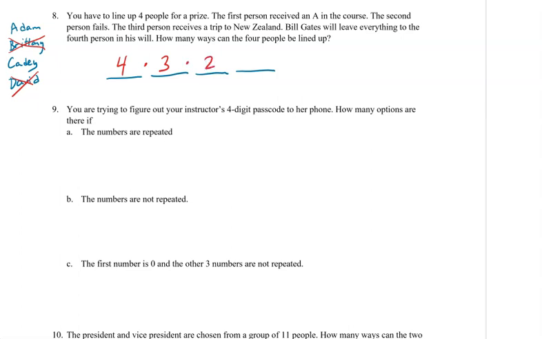Now there's only 2 people left. You can only pick between Adam and Katie. Let's say that Adam got picked for the trip to New Zealand. So for our final spot, we actually don't have a choice. Katie automatically wins it because she's the only one that's left that we haven't picked. In this case, that gives us 24 total ways that we could switch these people around and give them different prizes.